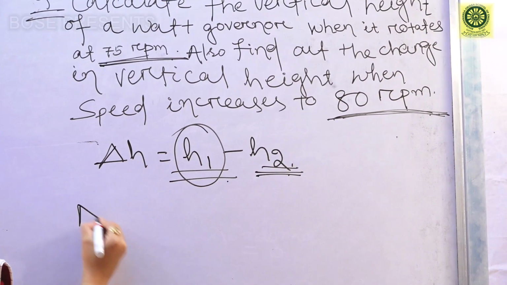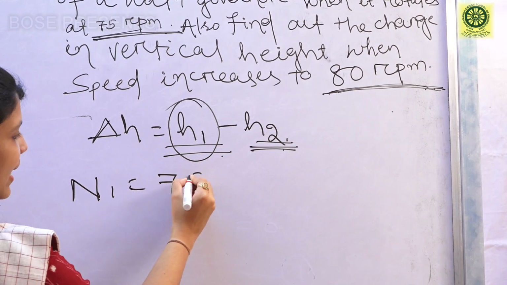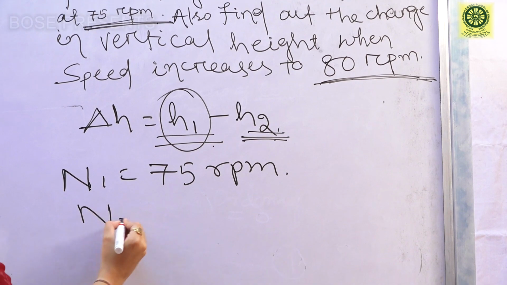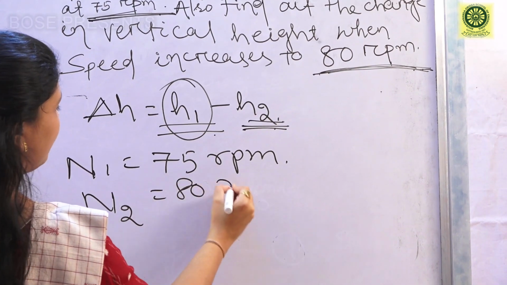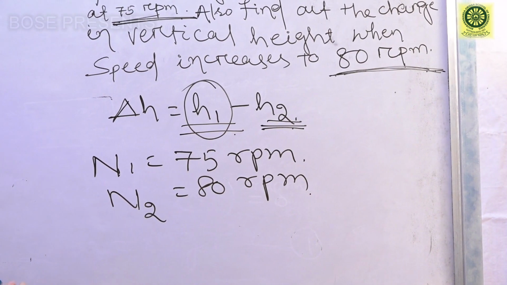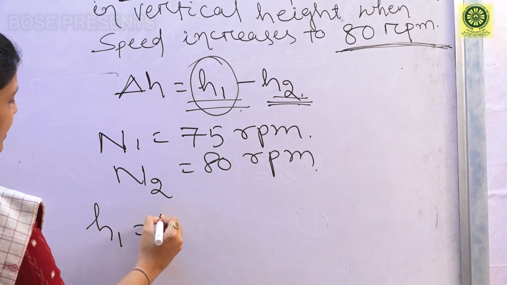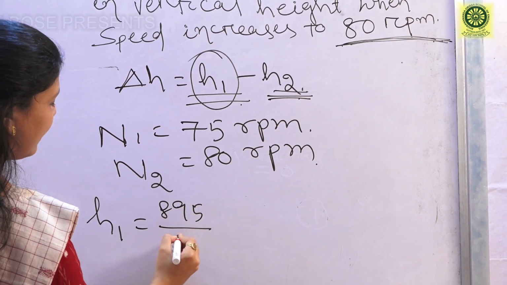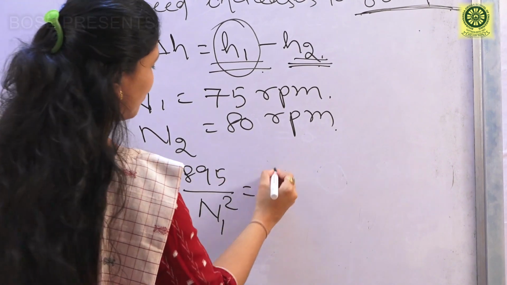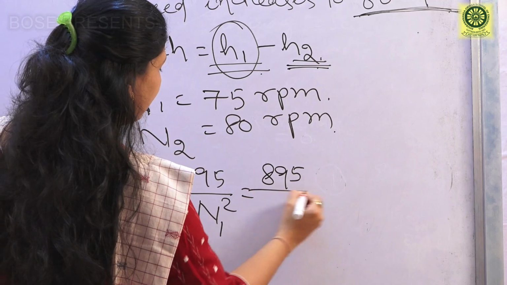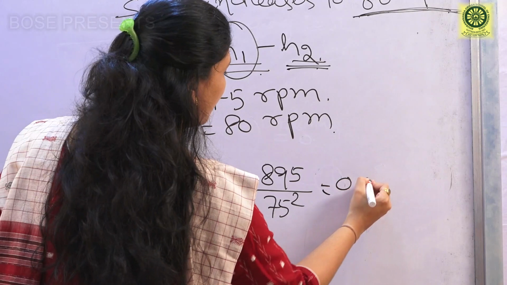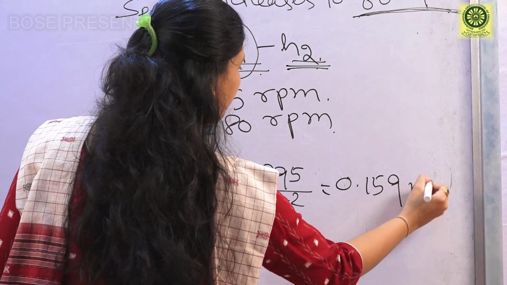Here n1 equals 75 rpm, which is given, and n2 equals 80 rpm, which is also given. We already know that h1 equals 895 by n1 square, and here n1 is 75. So h1 equals 895 by 75 square, which equals 0.159 meter.